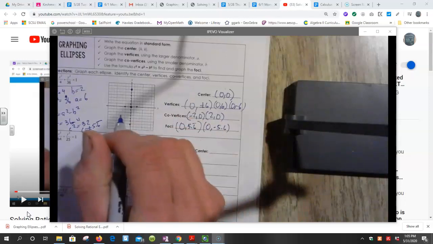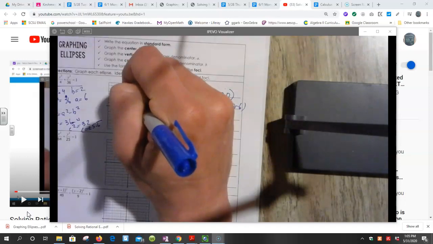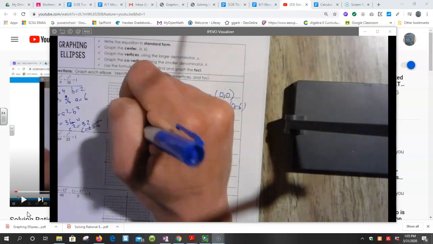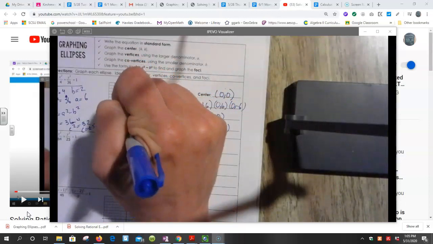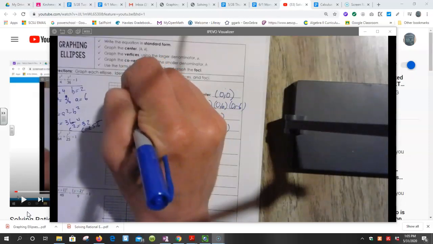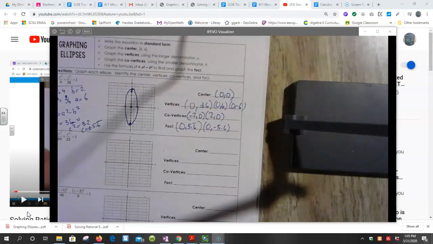That's the foci. The foci are the distance from the center toward the major axis, toward a, so it's going to be right around here. So we can draw that ellipse. The foci are going to be just shy of the vertices.